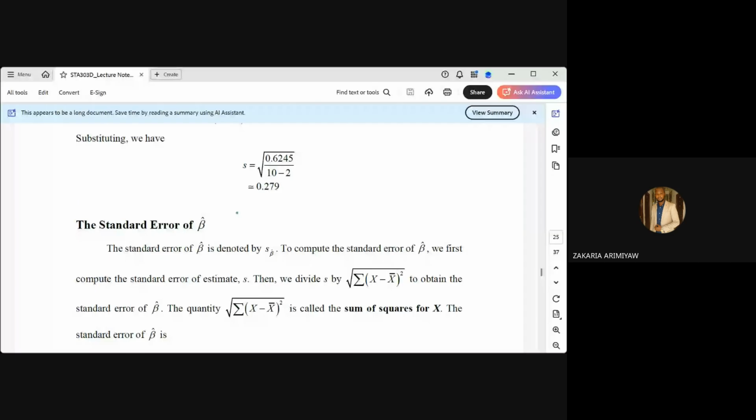We now want to look at the standard error of beta cap. Can you see the screen? No, please. Yes, sir. So what is wrong? Okay, I will stop sharing and reshare again. I don't know why it is happening.